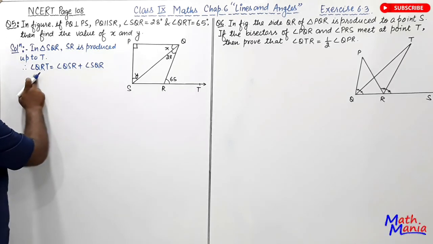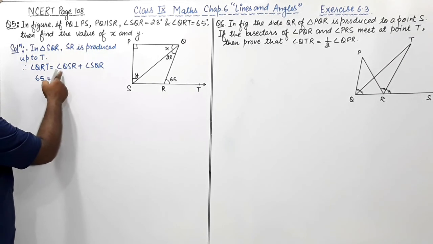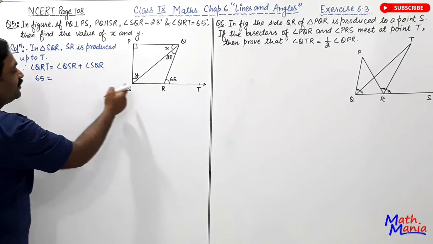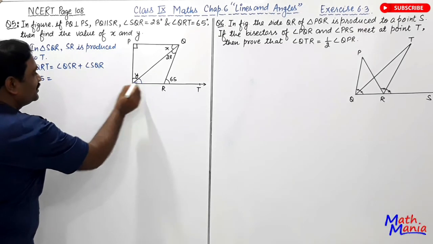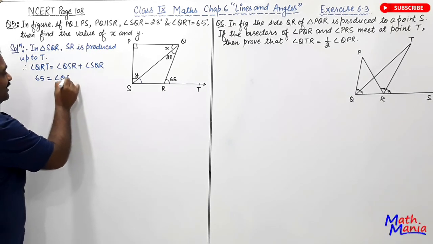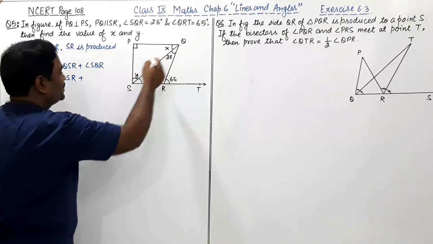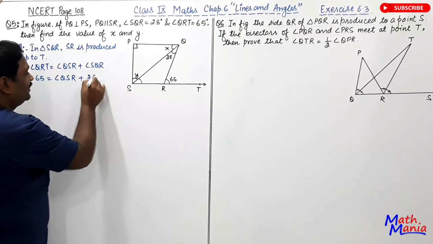Now the measure of angle QRT is 65 degrees, which equals angle QSR plus angle SQR, which is 28 degrees. We are going to find this angle QSR.